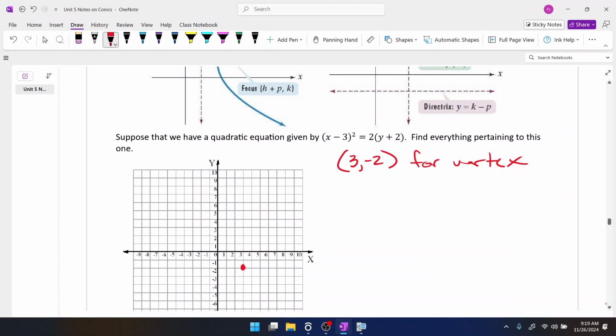Since this is x squared, it's going to be an up-down style parabola as opposed to left-right. So we need to figure out the value for p. So 4p is simply going to equal what?